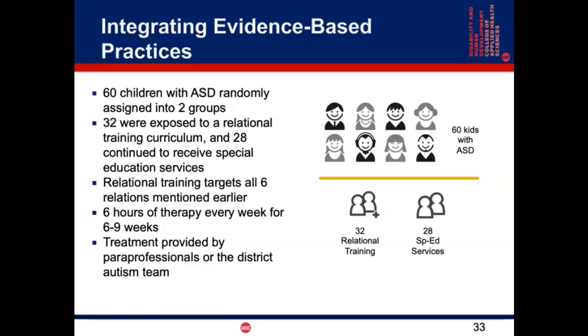And so the intervention was delivered by a variety of paraprofessionals. These would be one-on-one assistants for the child in the school system, or what are called registered behavior technicians that are assigned to the child, and school staff. Next slide.